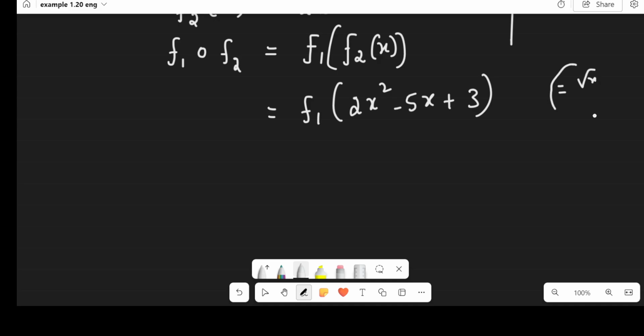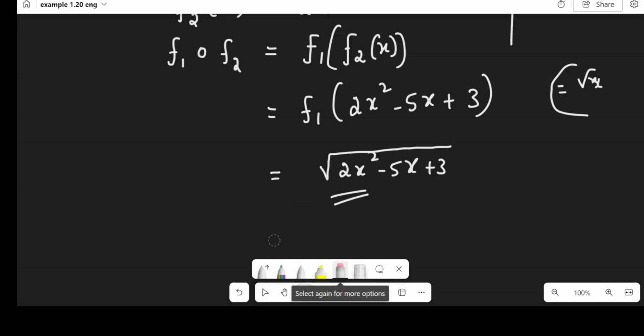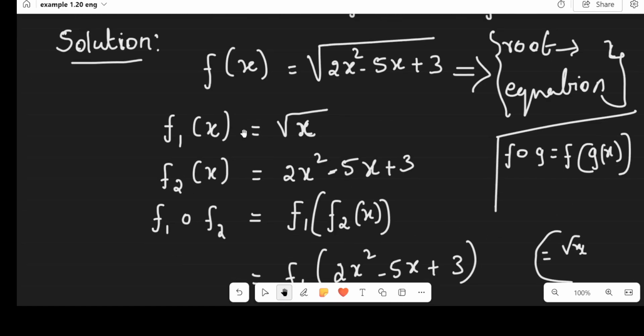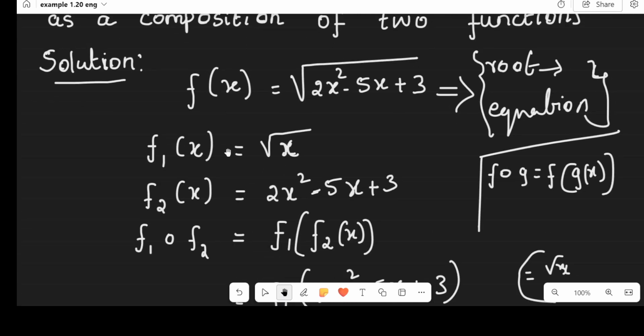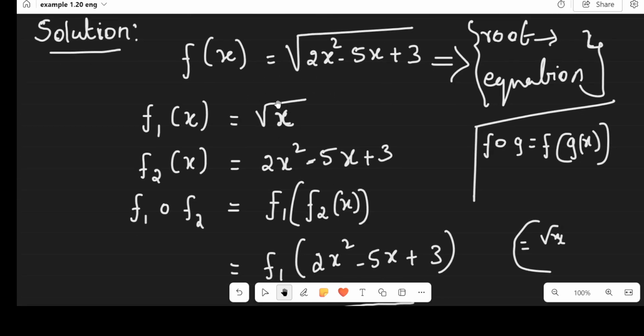Root of x means there is root. Instead of x, what do we have to write? This whole equation, 2x square minus 5x plus 3, right? This is the composition we have in the question already. We just verified that we are getting the composition when we combine these two functions.